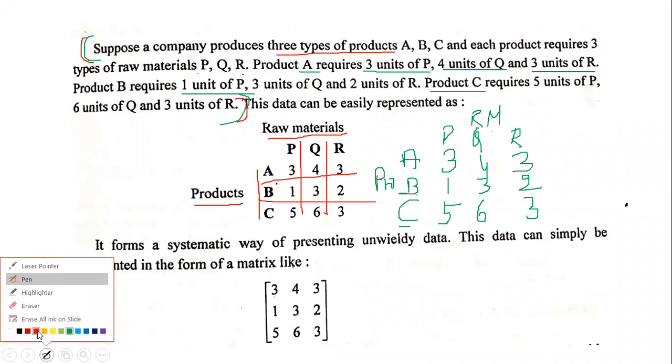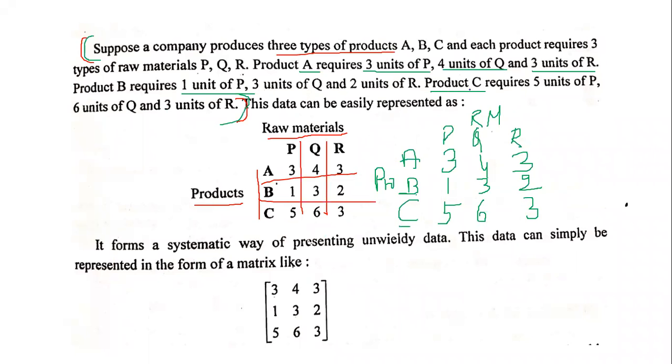Now if you take out all this A, B, C and P, Q, R, and you just put a square bracket or rectangular bracket like this, the form is called a matrix. Some pronounce it as matrix. Both are right. We will be pronouncing it as matrix.